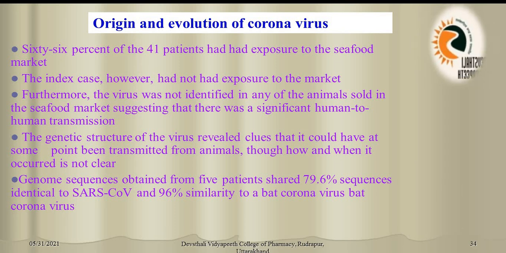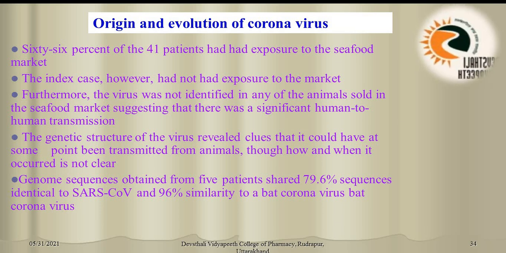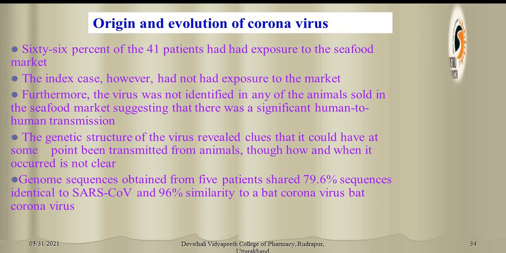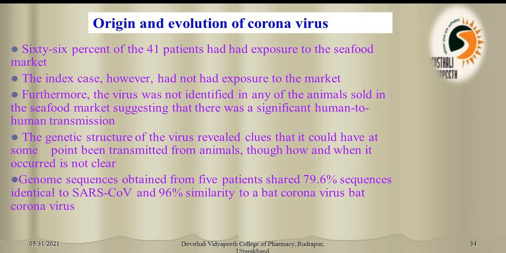Now looking into the origin and evolution of coronavirus, about 41 patients were reported to have exposure to coronavirus. Out of 41 patients, about 66% had exposure to the seafood market. But overall the index cases had not had any exposure to the seafood market. Furthermore, the virus was not identified in any of the animals sold in the seafood market.